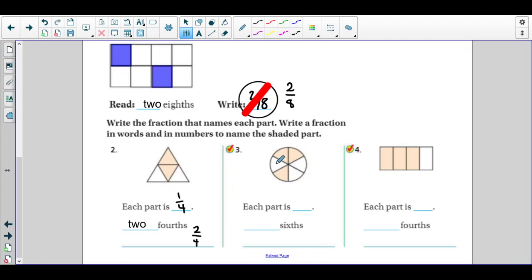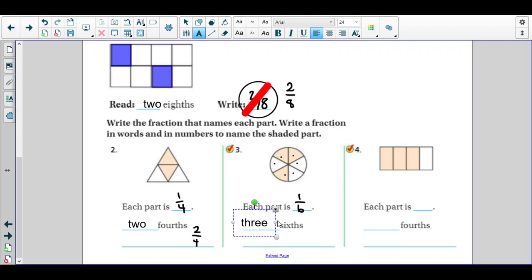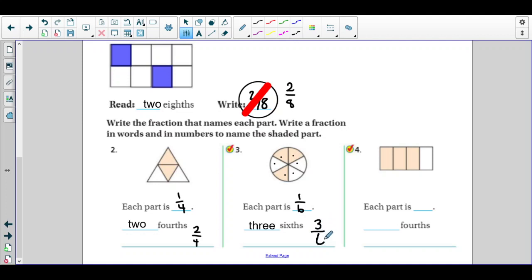Each part is, let's see, 1, 2, 3, 4, 5, 6. So each part is 1/6, or our unit fraction. How many of them are shaded in? 1, 2, 3. So 3/6 of them are shaded in, and we would write that as 3/6.